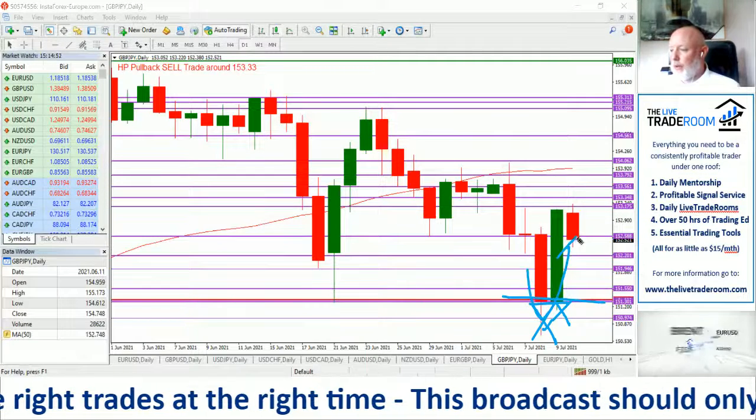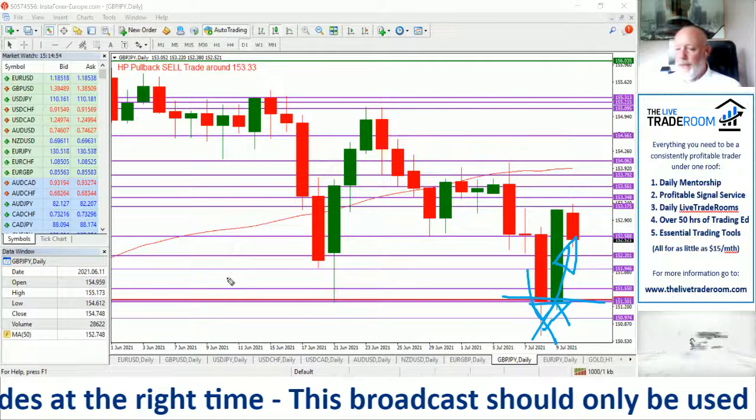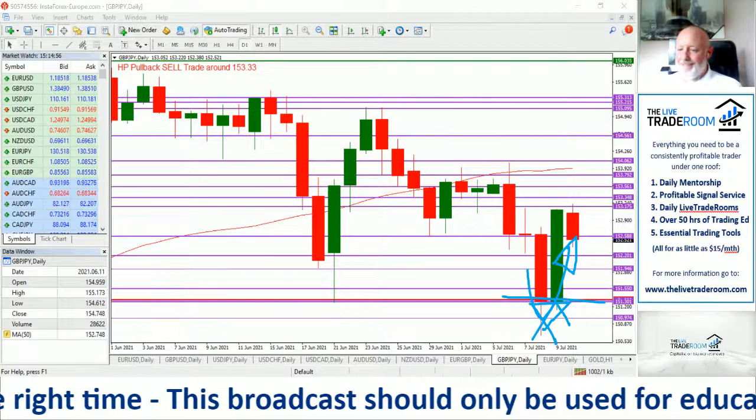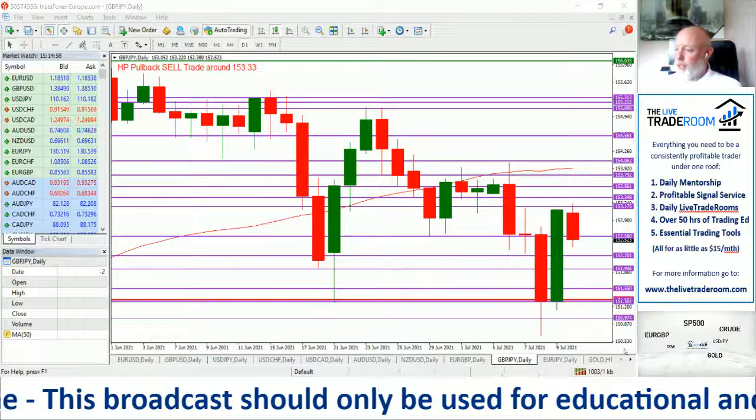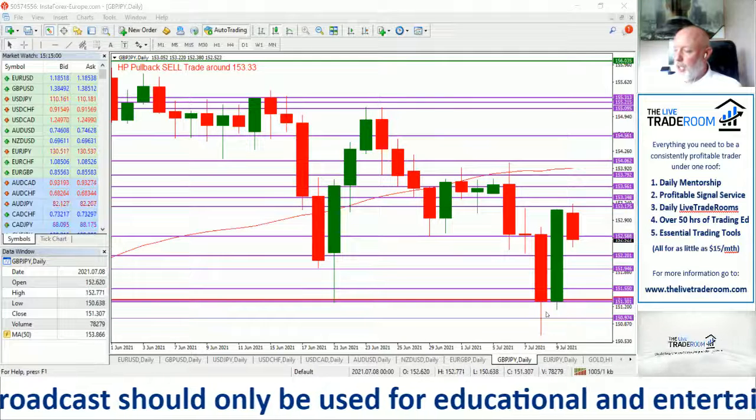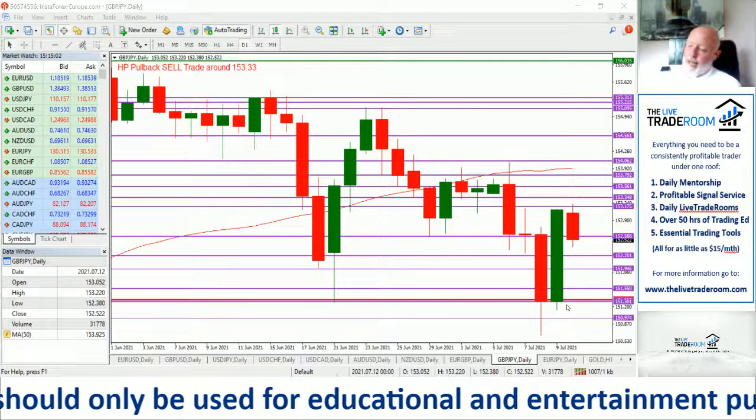So we're getting that sort of reversal signal. So there's no major problem with getting into that trade to the downside.